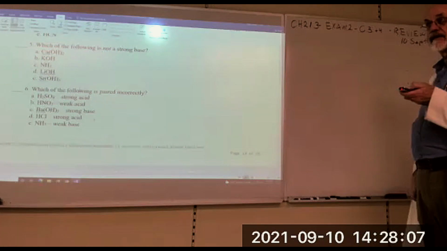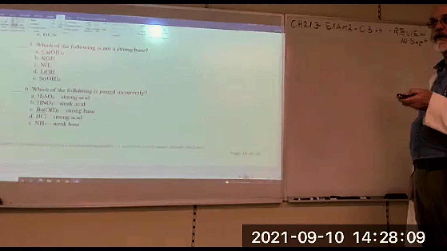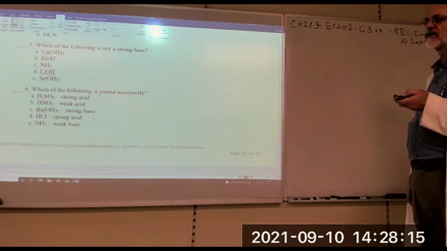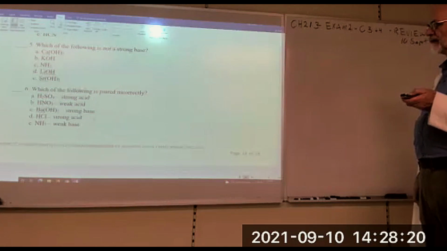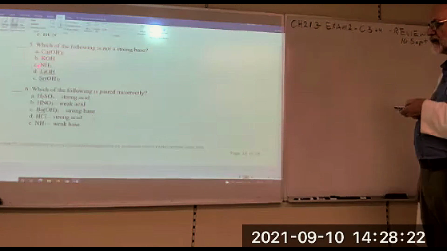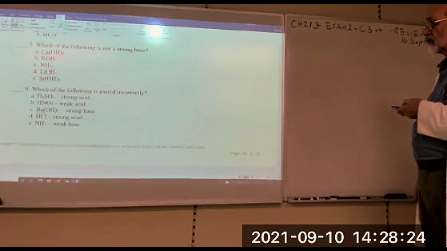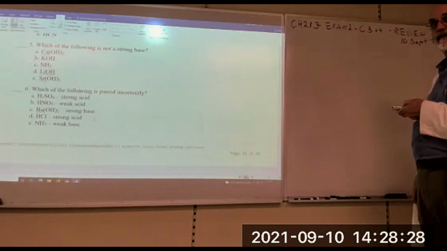So anything lithium, sodium, potassium, rubidium hydroxide, well, calcium hydroxide, yeah, strontium hydroxide, yeah, they're strong bases. Let's see, lithium, strontium, okay, those are all strong. So by process of elimination, this is the only weak base in there, ammonia.